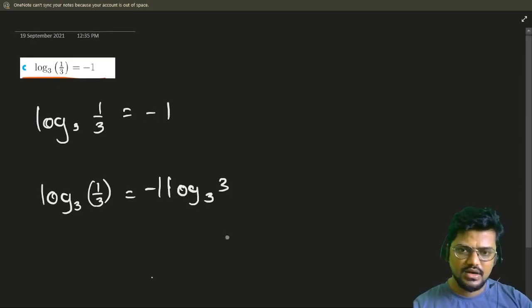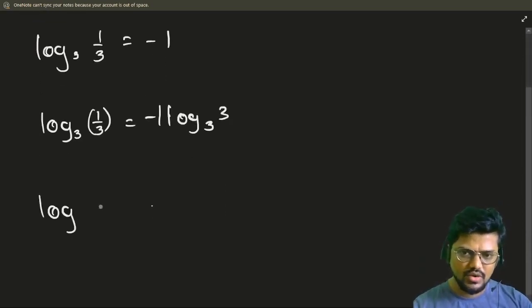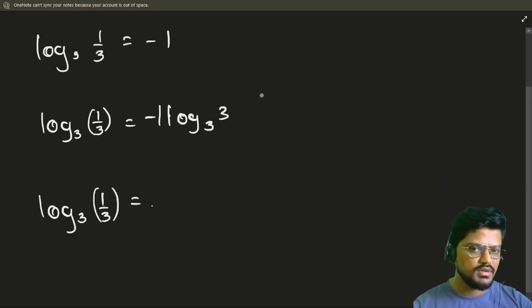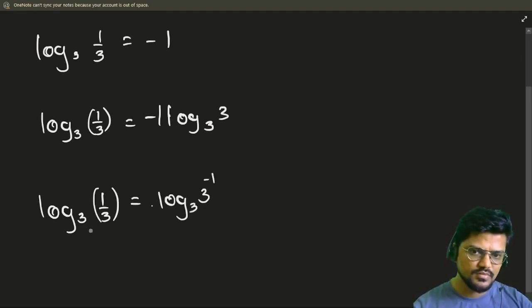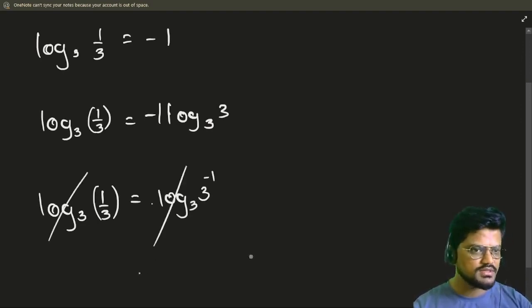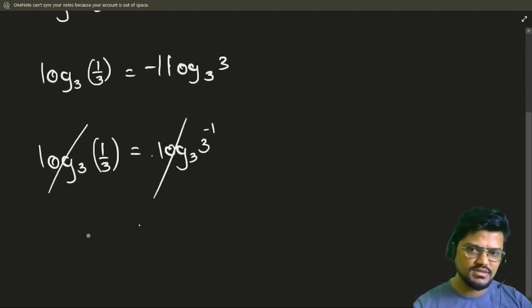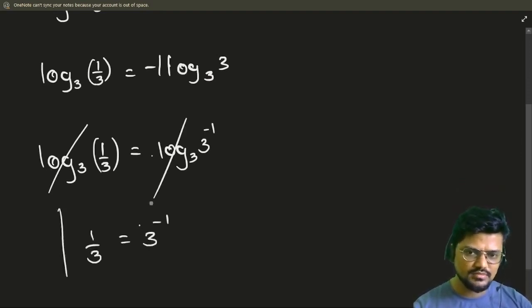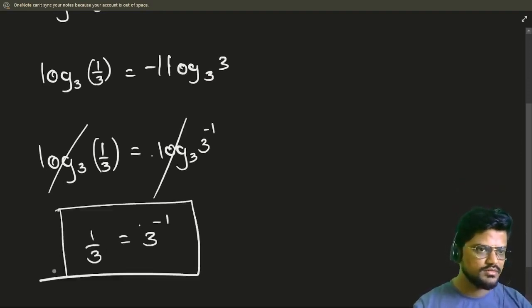Fine. After this, log of 1 by 3 to the base 3. This minus 1 can be taken in power. This log 3 and log 3 can be cancelled. Log base 3 can be cancelled. What do you get? 1 by 3 equals 3 to the power minus 1. Got it? Yeah.